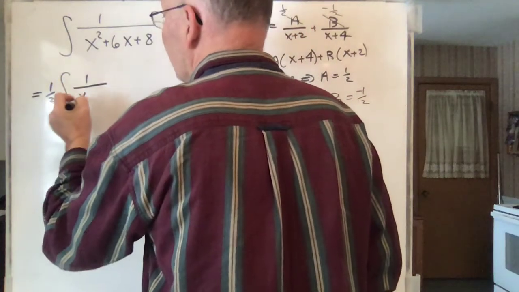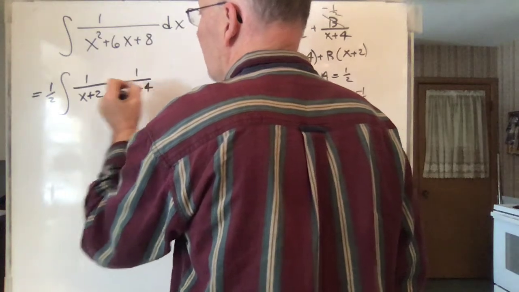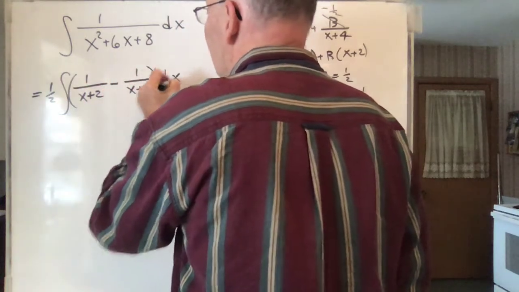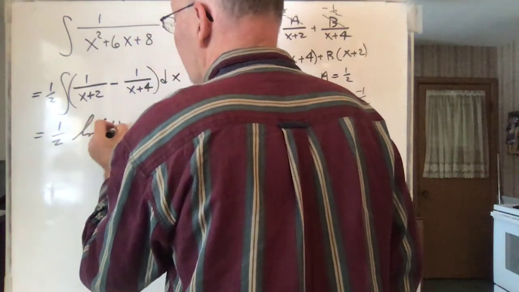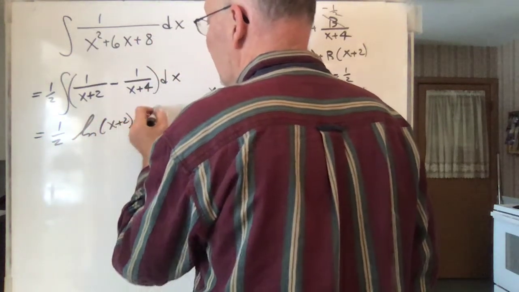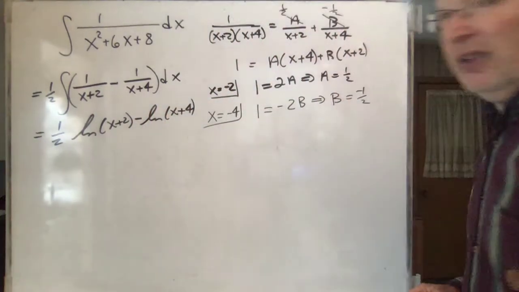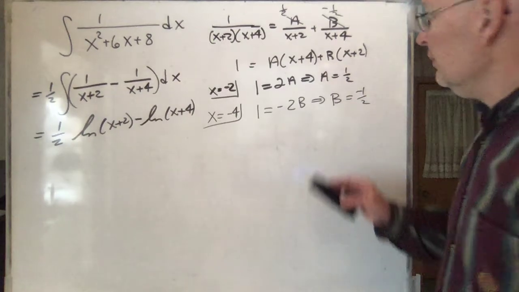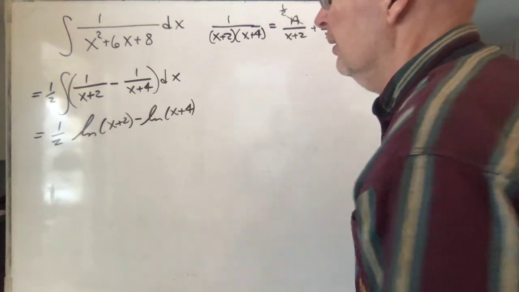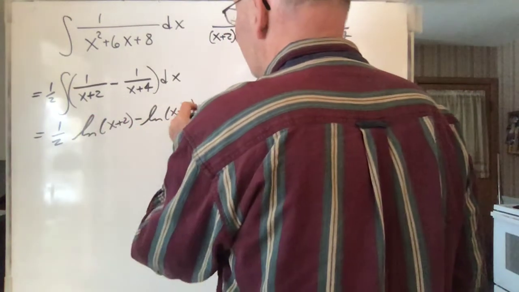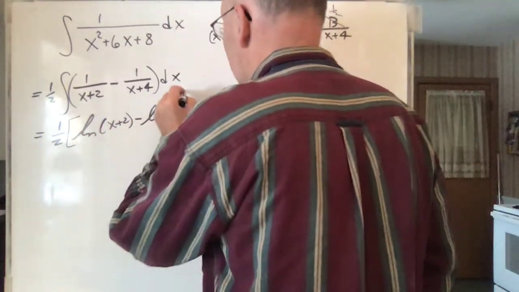I have 1 over x plus 2 minus 1 over x plus 4 dx, and that's going to be 1/2 times the ln of x plus 2 minus ln of x plus 4 right there. Okay, there's the antiderivative, plus c if you want. There you have it right there, and this is 1/2 of the whole quantity.